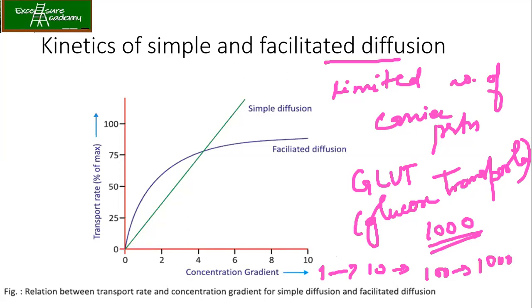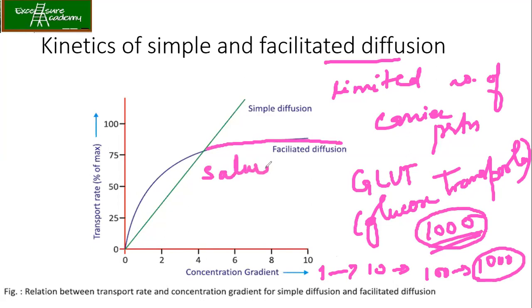Once the glucose molecules are 1000 and you have 1000 glucose transporters, it means it has reached its saturation. Now, even if you increase the concentration of glucose, the transport rate will not increase. It will become saturated. Okay, so this is how the kinetics of simple and facilitated diffusion looks.